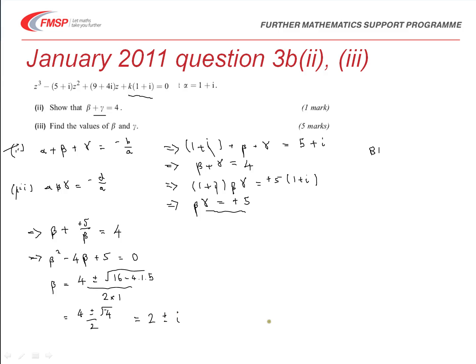And so we can see that beta is going to be one of those roots, and gamma is the other root.